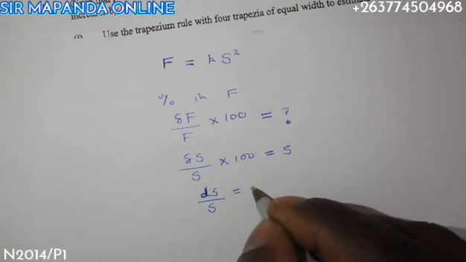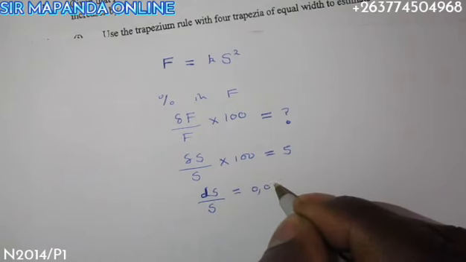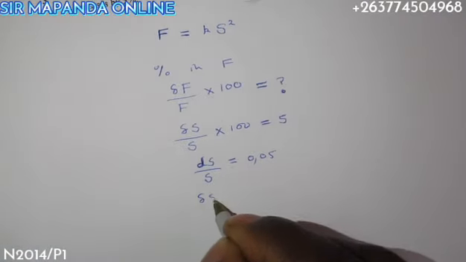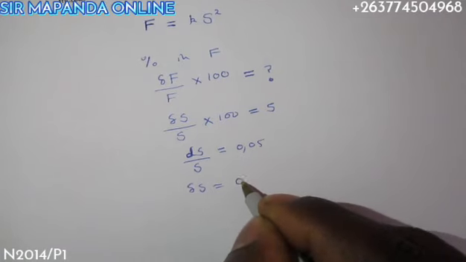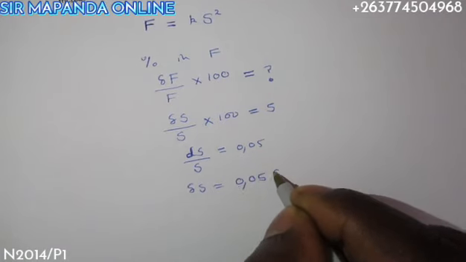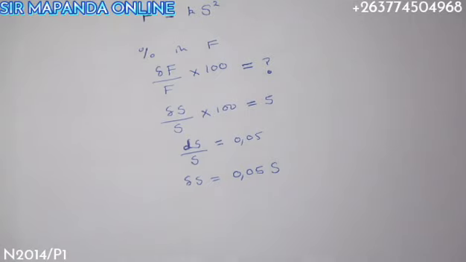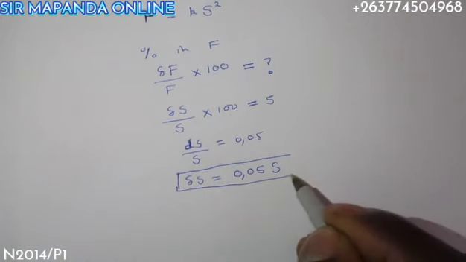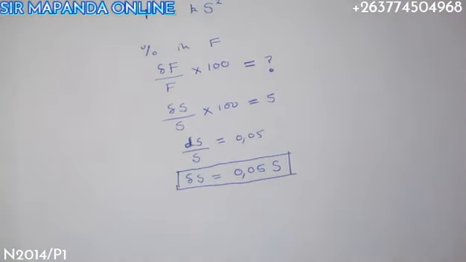Delta s over s is equals to 0,05, dividing both sides by 100. Then delta s is equals to 0,05 s if you multiply both sides by s. So you keep this. We are going to substitute it later.